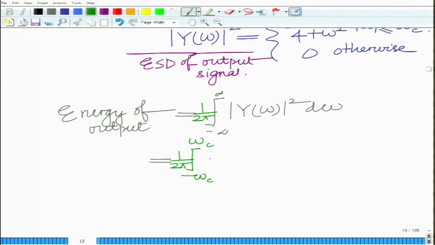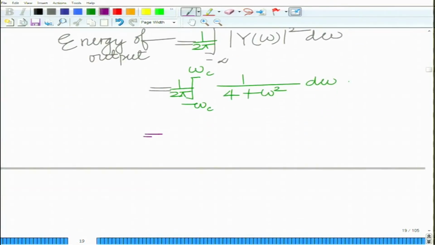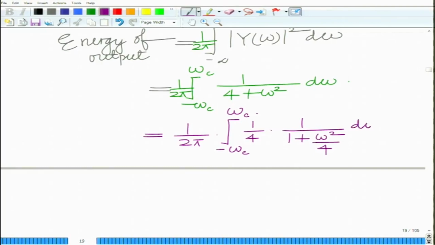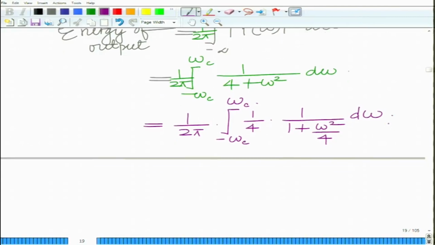So, 1 over 2 pi times the integral of 1 over 4 plus omega squared d omega, from minus omega c to omega c, which is 1 over 4 into 1 plus omega squared by 4. Now, I am going to simplify this integral of 1 plus omega squared by 4 d omega.